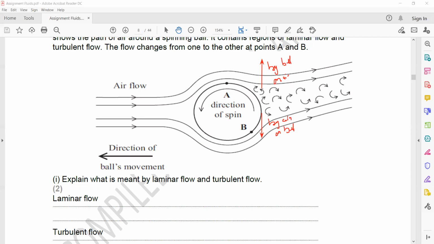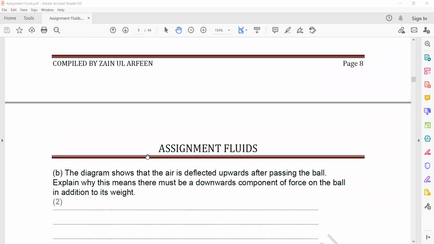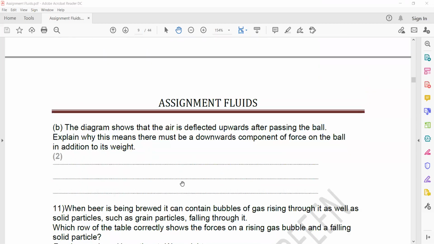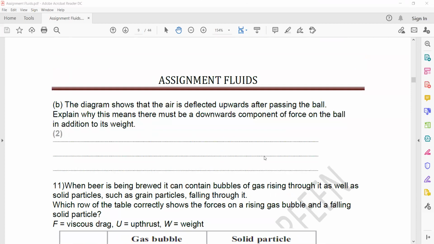So that will force the fluid or the air to move upward. That is why when this ball is passing, you will see the fluid direction change a bit. Is it clear? Is it clear to everyone?